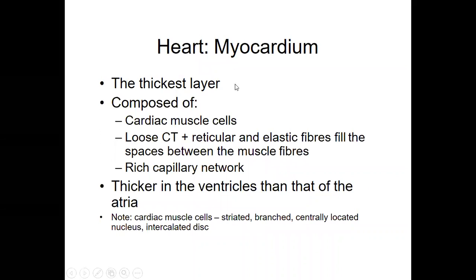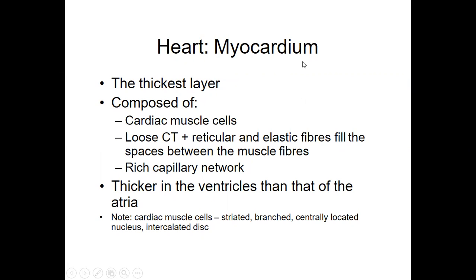For the myocardium, this is the thickest layer. It is mainly composed of cardiac muscle cells, and it is also composed of loose connective tissue, reticular and elastic fibers that fill the space between the muscle fibers. The myocardium has a rich capillary network, because we need a good blood supply for the blood to be supplied to the myocardium.